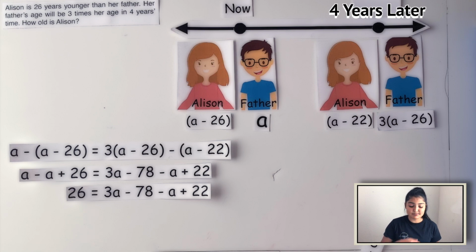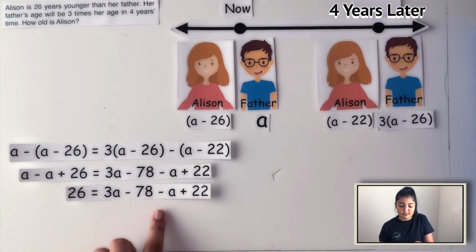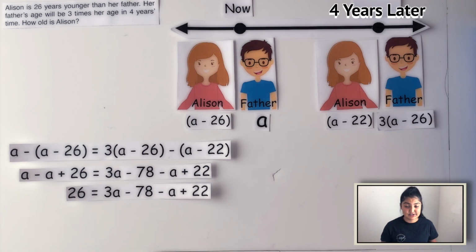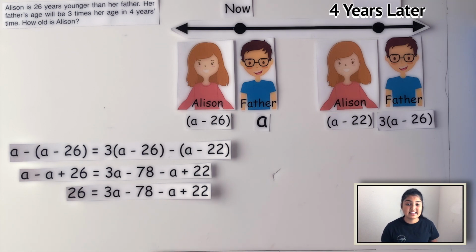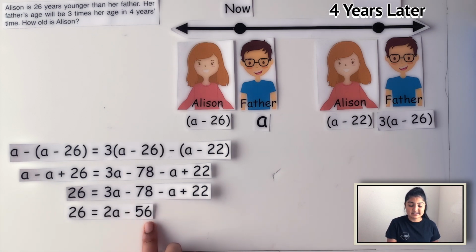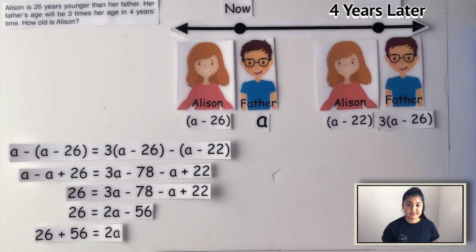Now, let's simplify the right side. 3A minus A is 2A. And negative 78 plus 22 is negative 56. Now, let's take 56 to the left side of the equation. And let's simplify it. 82 is equal to 2A.